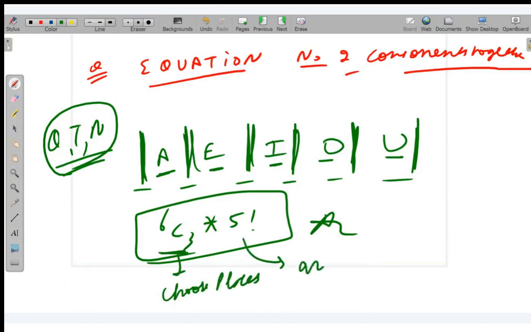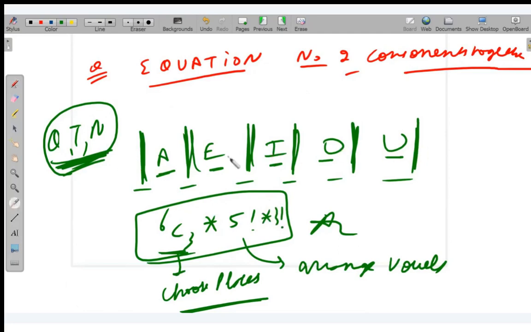And 5 factorial to arrange the vowels. Sorry, we have to arrange these also. That's why I'm writing these things, so that we get more clarity. QTN is there, so we can arrange them also. So you have to multiply it by 3 factorial also. Why am I multiplying it by 3 factorial? Because you have to arrange these also.